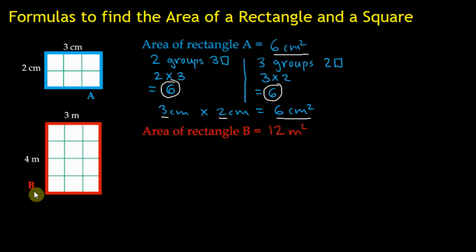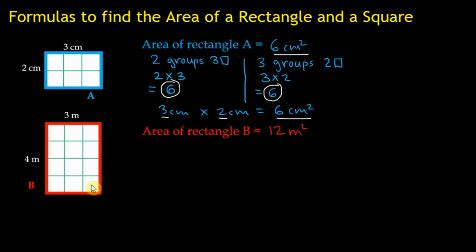Let's check. For rectangle B, there are 4 rows of 3 grid squares of 1 square meter. Here is the first row, this is the second row, this is the third row, and this is the fourth row.